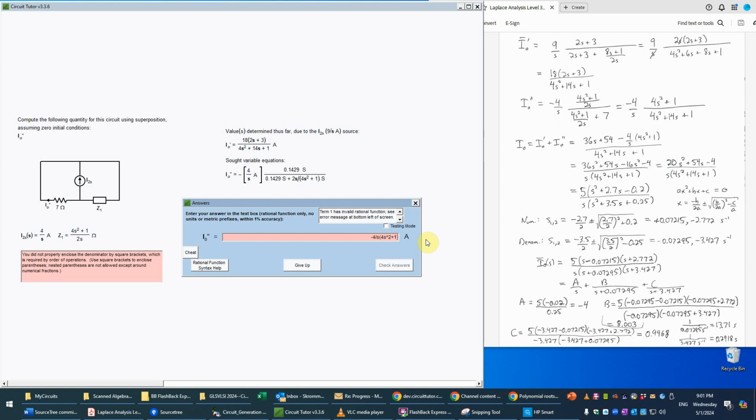And so then we divide that by a parentheses here, which is 4s squared plus 14s plus 1. Close that parenthesis.